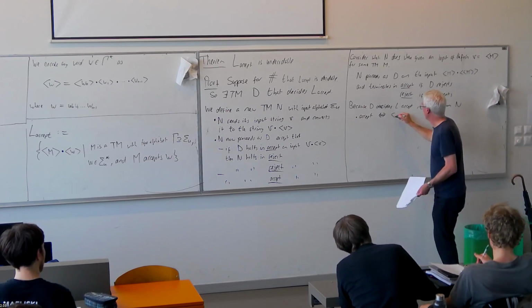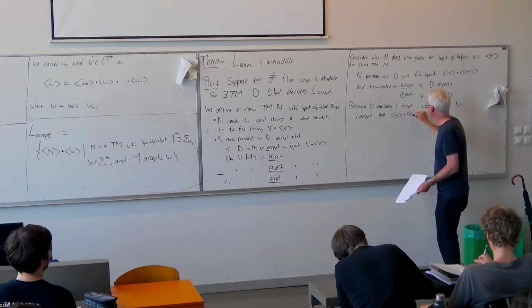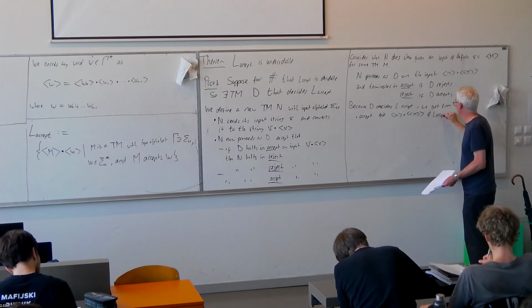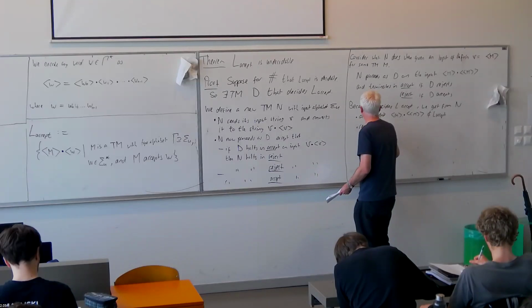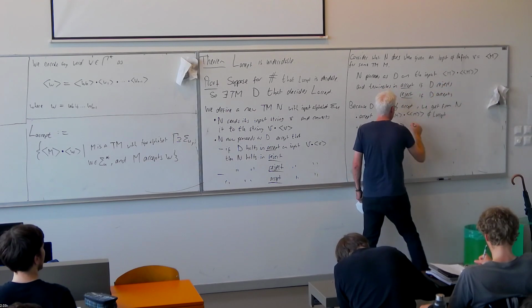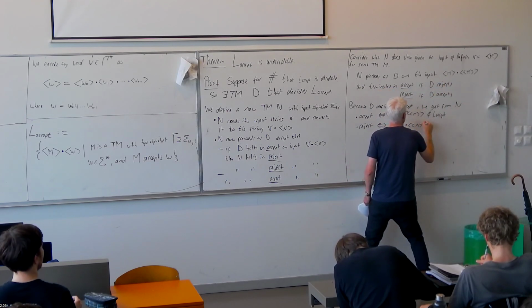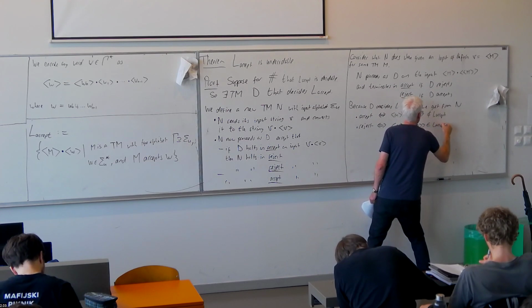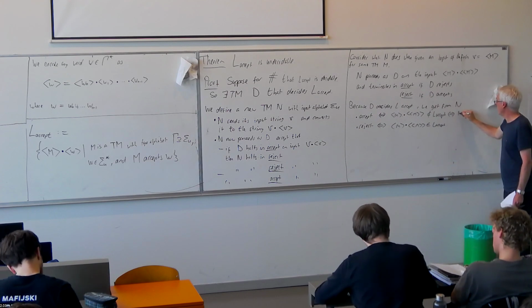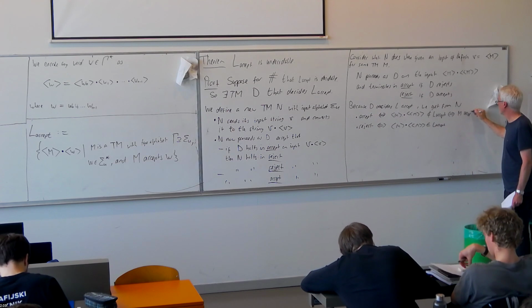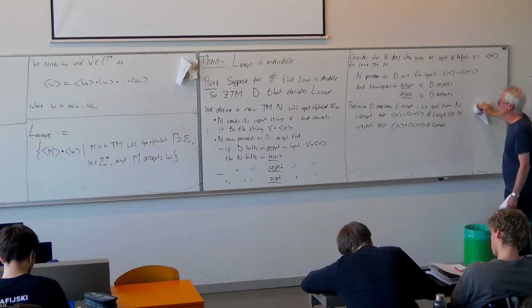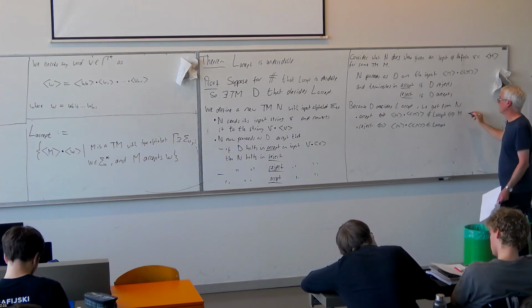So if and only if the encoding of M followed by the encoding of M is not in L accept, we get accept. And we get reject if and only if that string that we're giving as the input to D is in L accept.